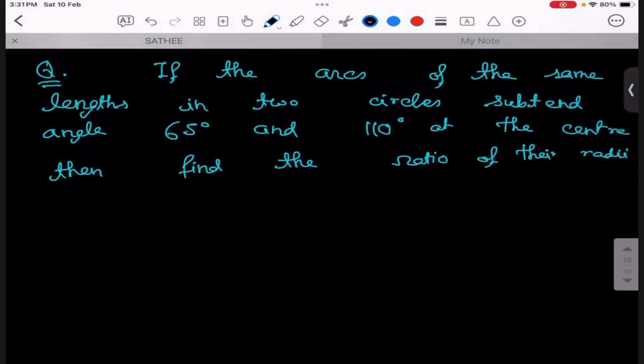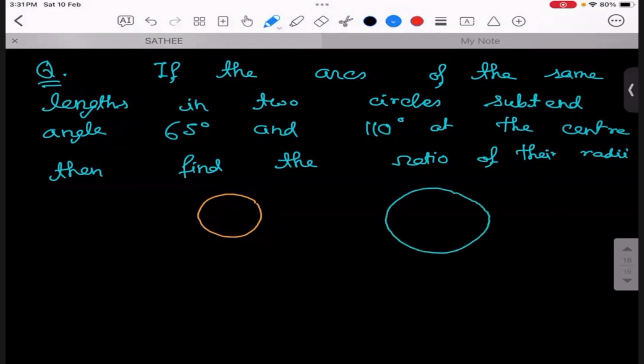Radii means the radius of the circle. So let us draw two circles in different colors. This is one circle and this is another circle. By watching the drawing, you can clearly say that these two circles don't have the same radius.